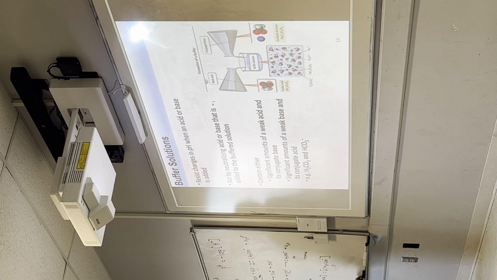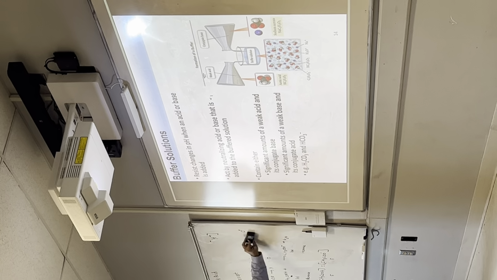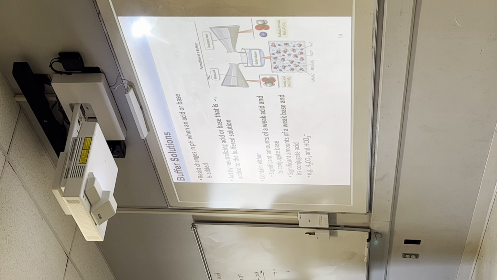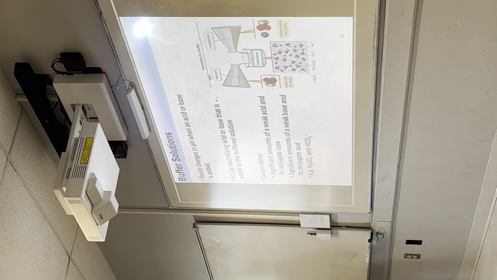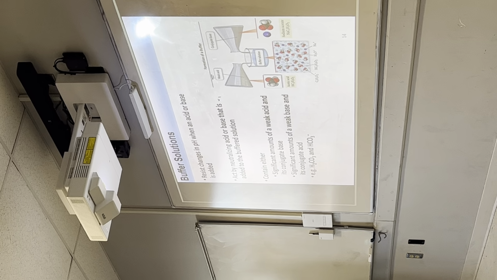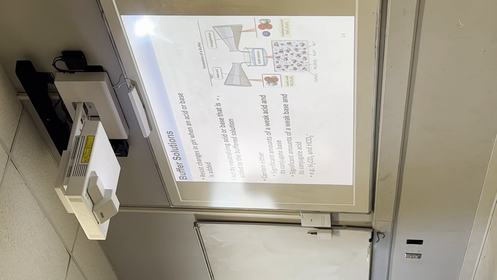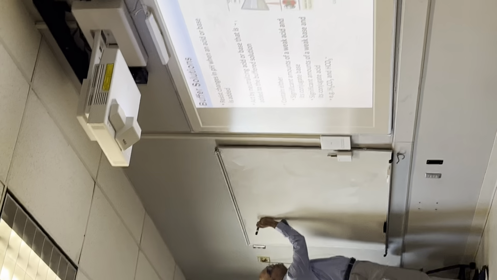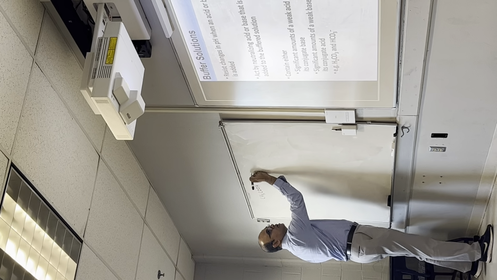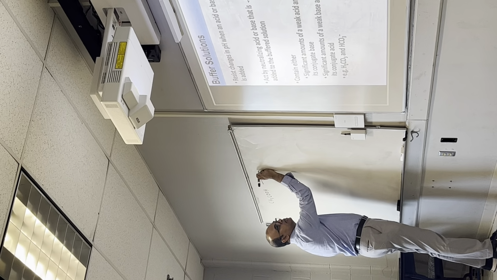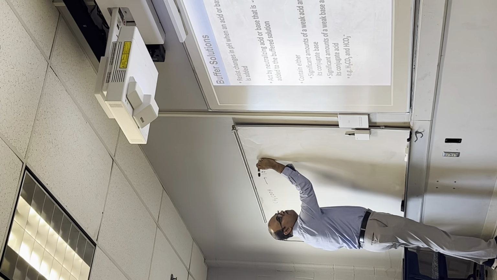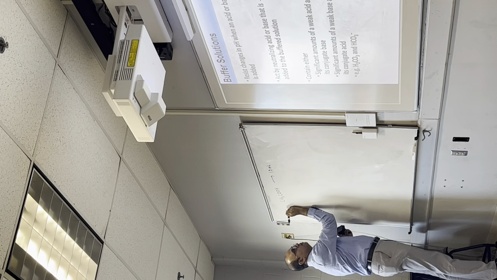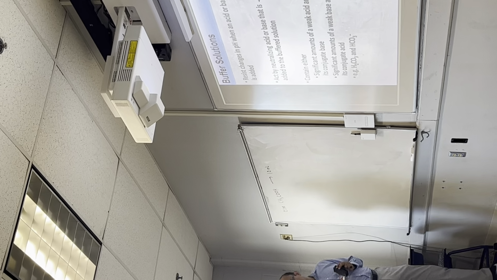So if you have, let me show you, a weak acid, you take, let's say, 10 milliliters of 0.1 molar acetic acid.